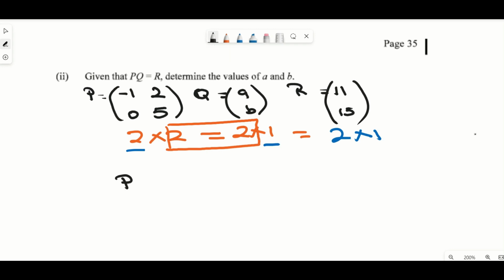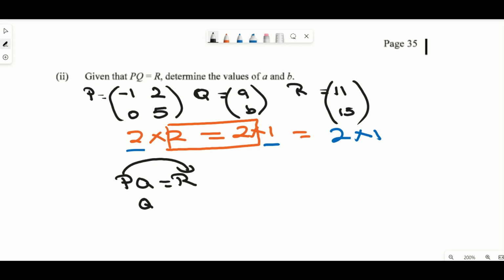Now, we know that basically we have to make Q the subject, right? So if P by Q is equal to R, to make Q the subject, we carry across P. Now, the opposite of P multiplied by Q, because the relationship between P and Q is multiplication, is divide by P. However, we know that in matrices there's nothing like division.